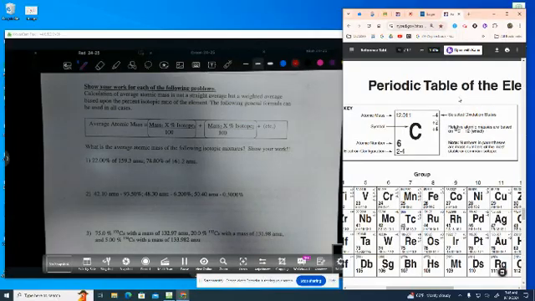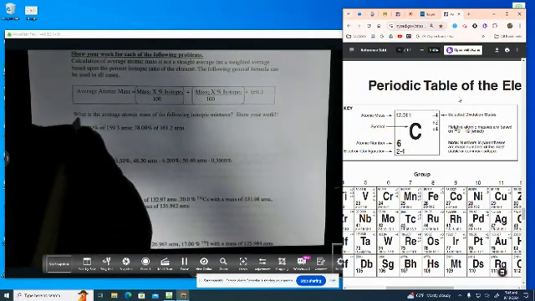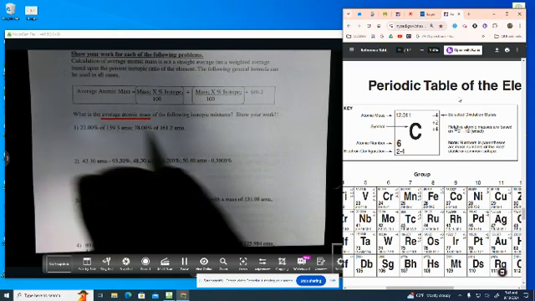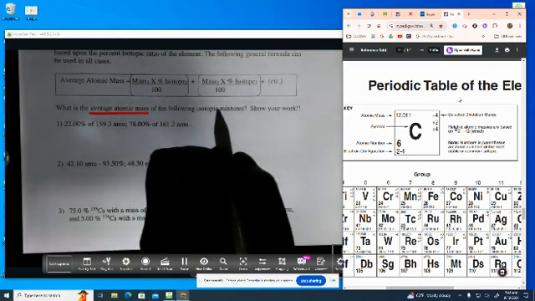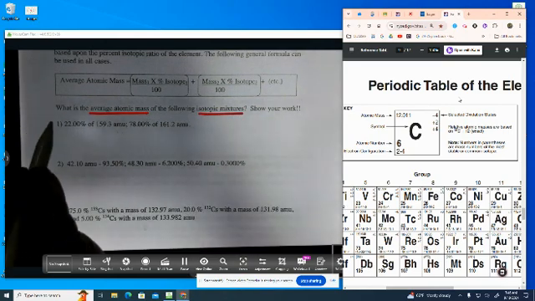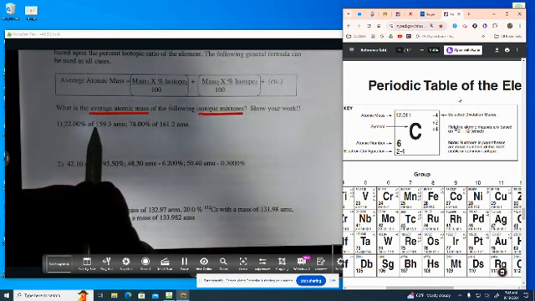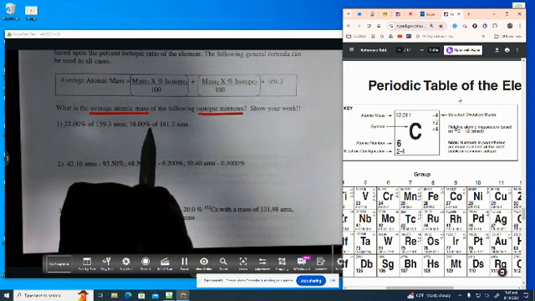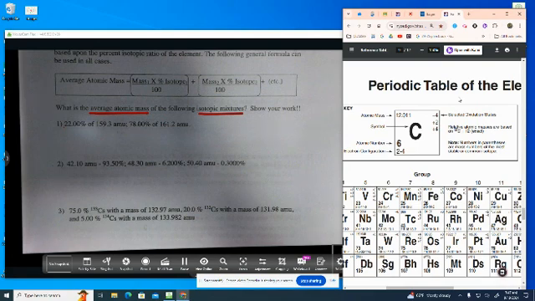Okay. Here's our ugly worksheet. Now everybody has a copy of it. It says, what is the average atomic mass? So we know we're calculating average atomic mass of the following isotopic mixtures. Show your work. All right. It tells us you have 22% of 159.3 AMU and 78% of 161.2 atomic mass units. So let's set it up.